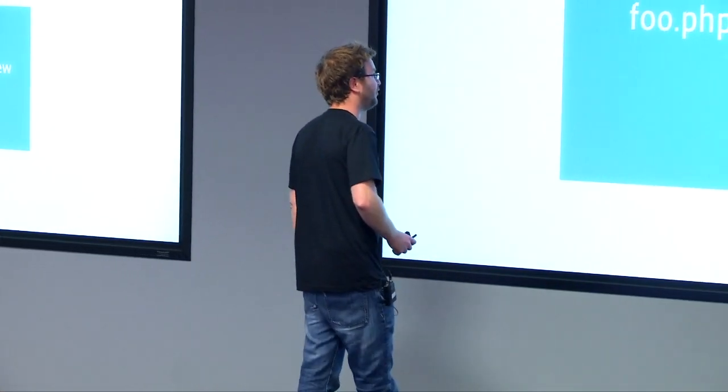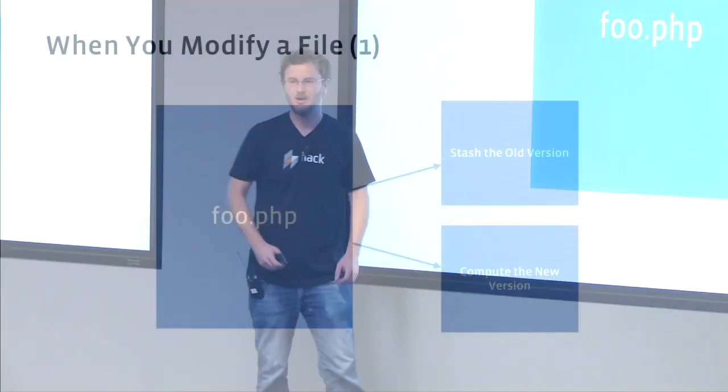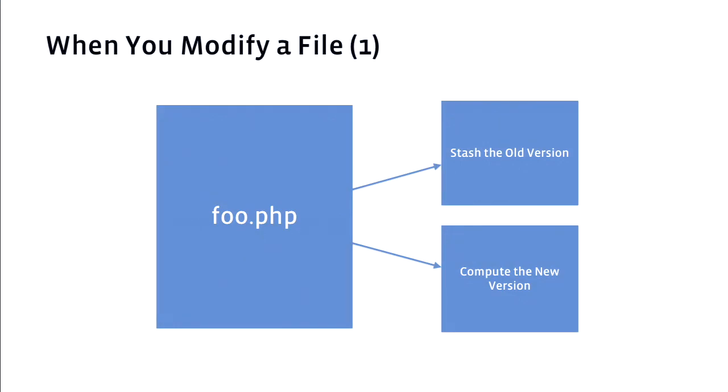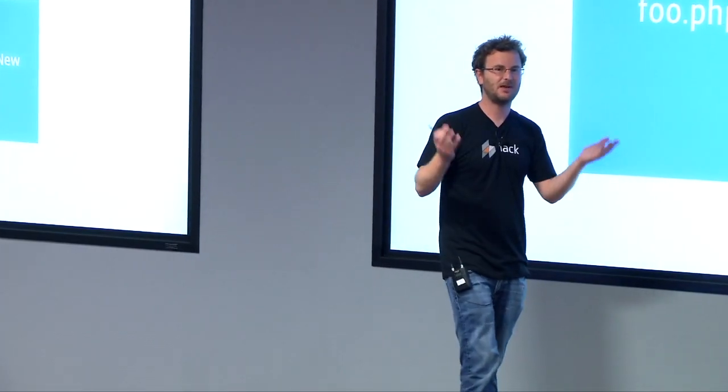So now concretely, you just modified the file foo.php. What is really happening? So step one, we take everything we knew about foo.php and we stash it, a bit like git stash. So you take what you have and you keep a version of it somewhere. You don't erase that, you don't delete that information.